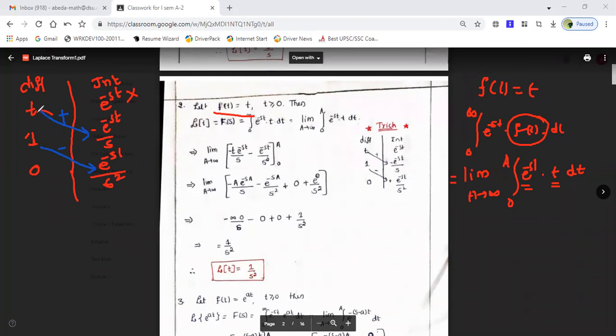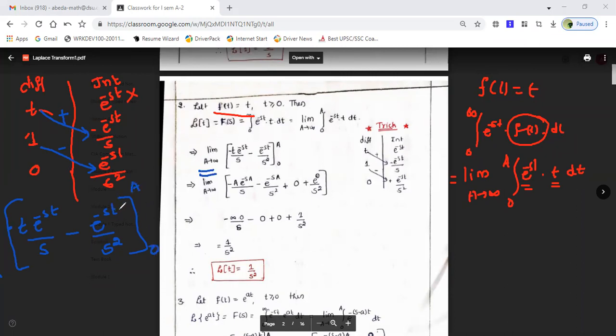So what I do now here, I'm writing it as t into this term, that is minus, I'll write this minus sign here, e to the power minus st upon s, and this is minus e to the power minus st upon s square, and here this is 1 into, therefore I'm writing only this. Here you have to consider the limit as a tends to infinity, I've taken it, and the limit is from 0 to a.